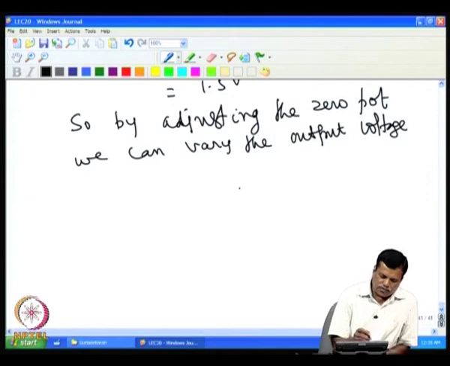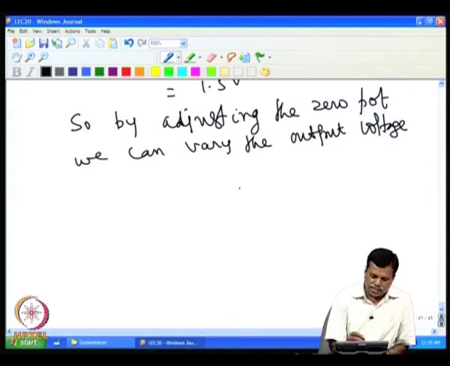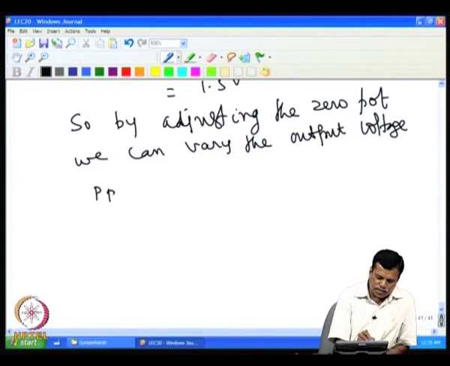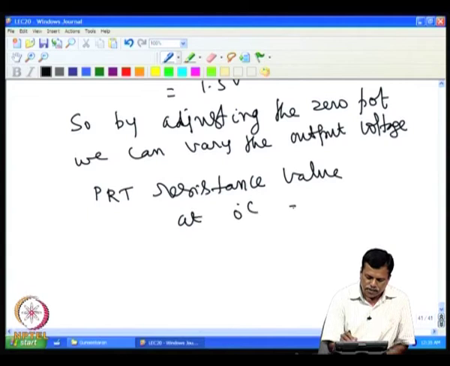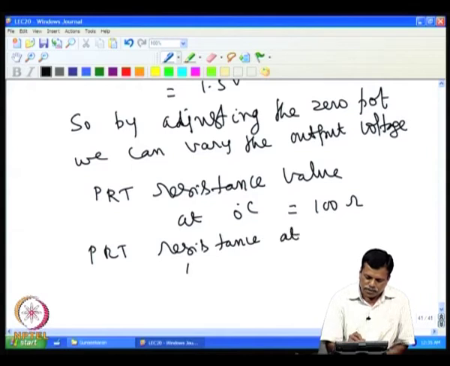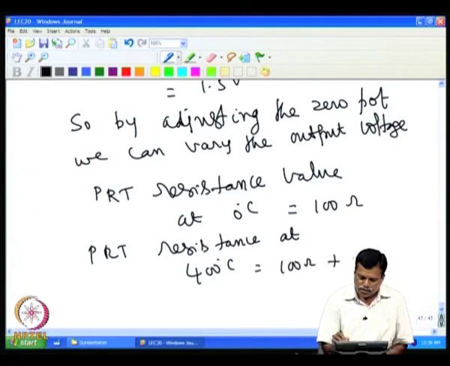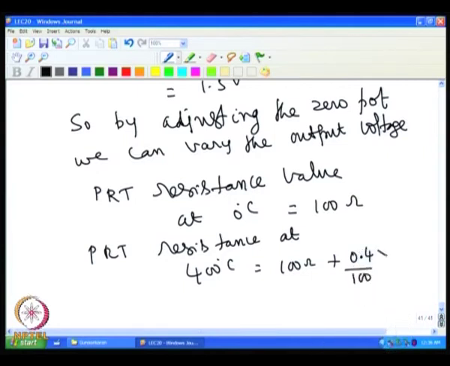So, for this we have to find out what is the resistance change. PRT resistance value at 0 degree C is 100 ohms. So, PRT resistance at 400 degree C, that is 100 ohms plus 0.4% change, 0.4 ohms per degree, into 400.